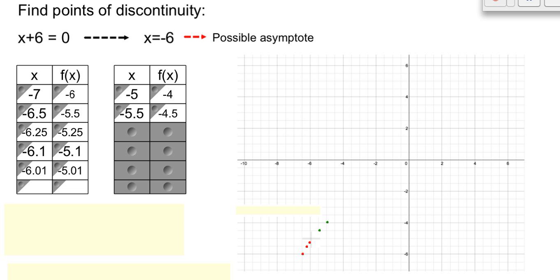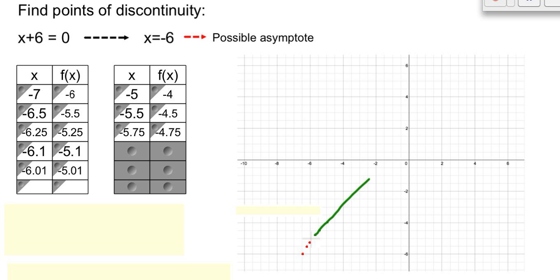And keep going. -5.75 gets us to -4.75. So it seems the same thing is happening. We're not getting to positive or negative infinity. In fact, they seem to be narrowing in on this point right there. And in fact, that is exactly what's happening. So all these seem to line up just fine.